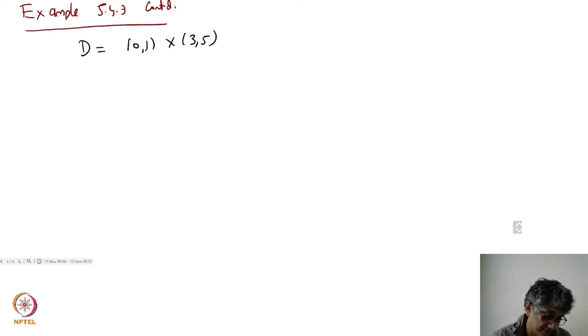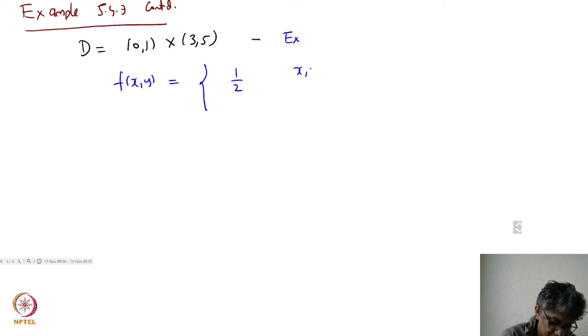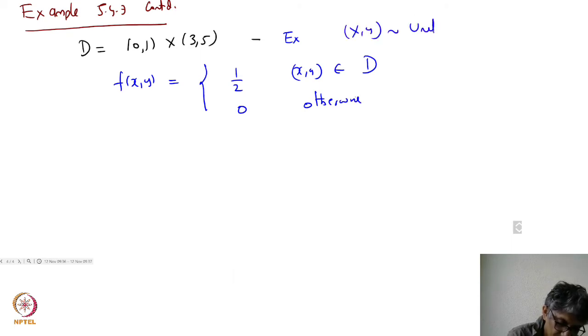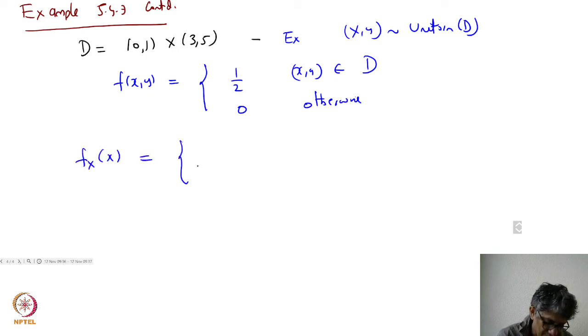Here you can easily observe, as a small simple exercise, that f of xy is equal to 1 over 2 when x and y are in D, and 0 otherwise. That's the joint density; x and y are uniform in D. Now, one can easily check that f sub x of x is going to be equal to 1 if x is in 0, 1 and 0 otherwise.